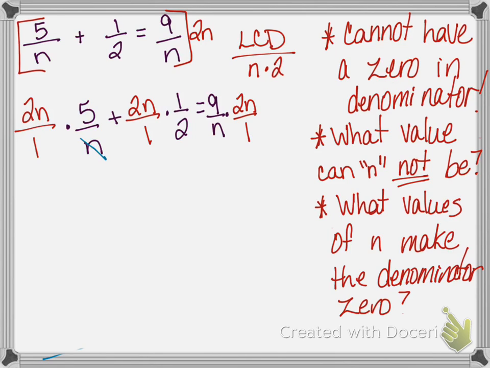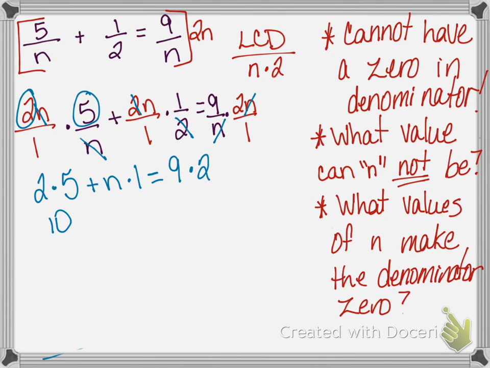So n and n cancel. I'm left with 2 times 5. A 2 and a 2 cancel, and I'm left with n times 1. An n and an n cancel, and I'm left with 9 times 2. So I have 10 plus n equals 18.